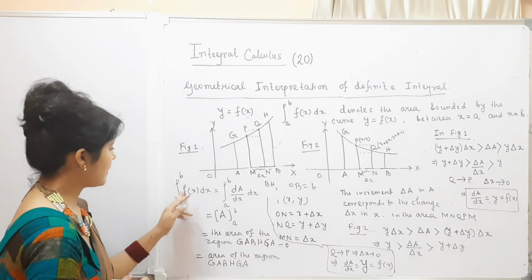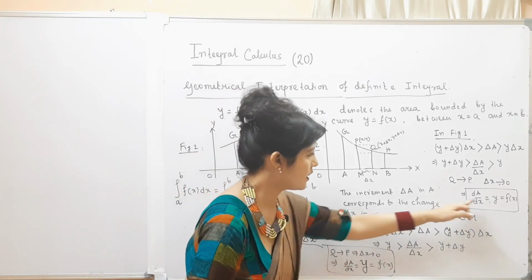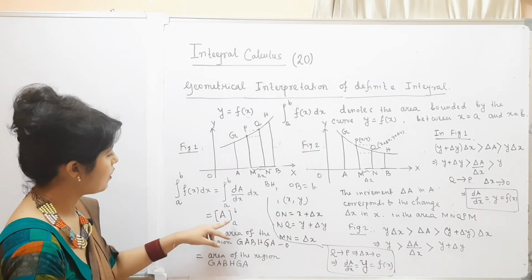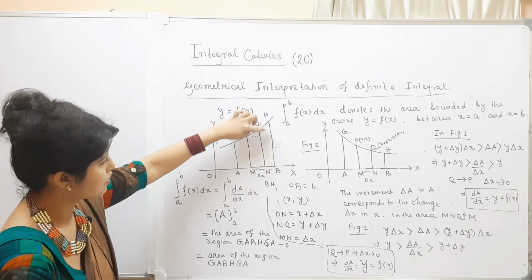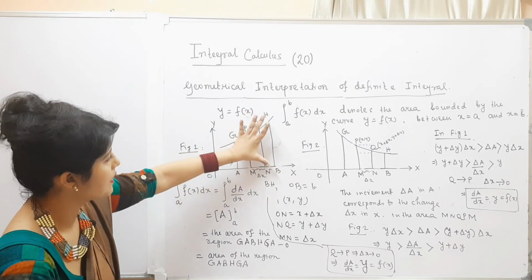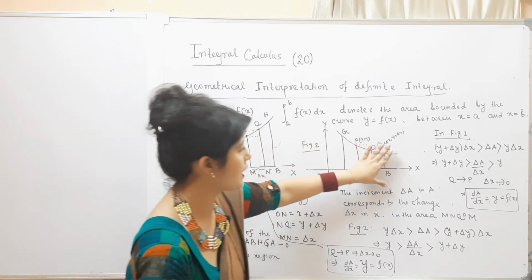Now in the place of f of x you can write dA/dx, because it is proved for both the curves. So therefore the value of A at the point B, because I have drawn another coordinate BH such that OB is equal to b and BH corresponds to the y coordinate, for both the cases.